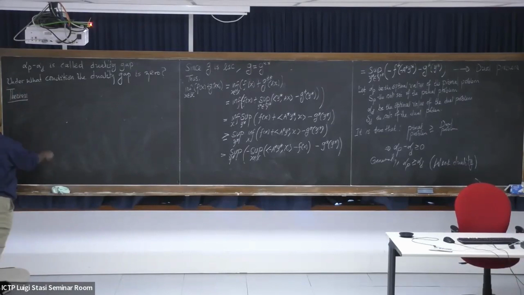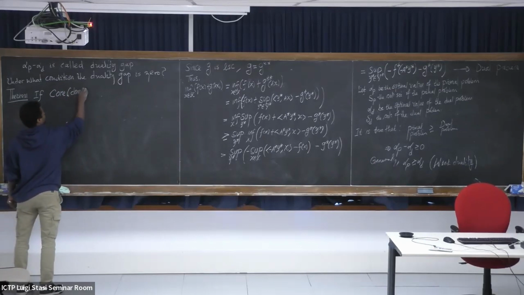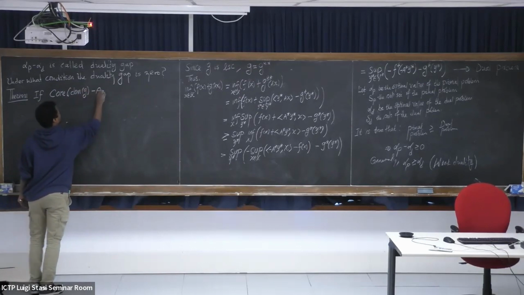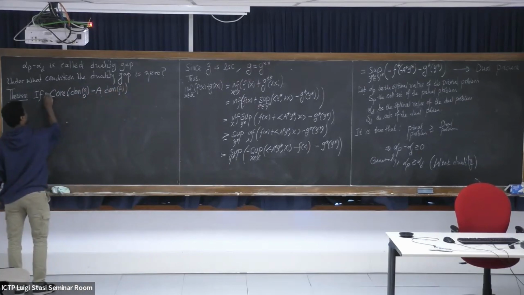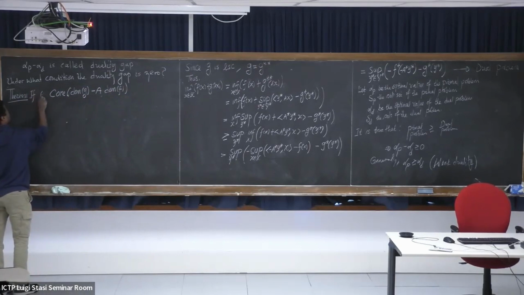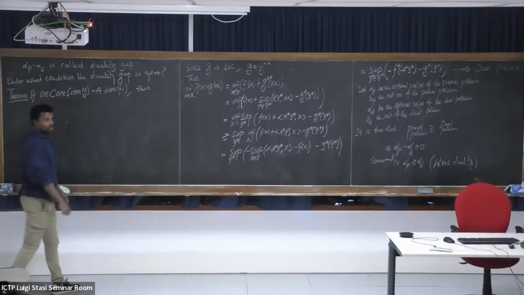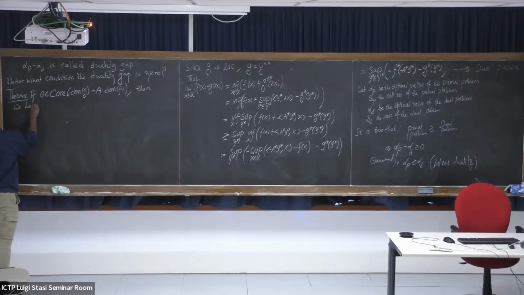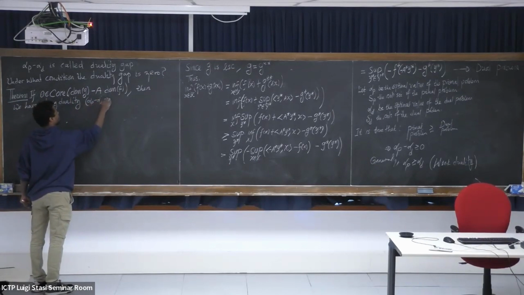If this holds, if 0 is an element of the core of the domain of G minus A of the domain of F, then we have strong duality, meaning that alpha t minus alpha d is 0.